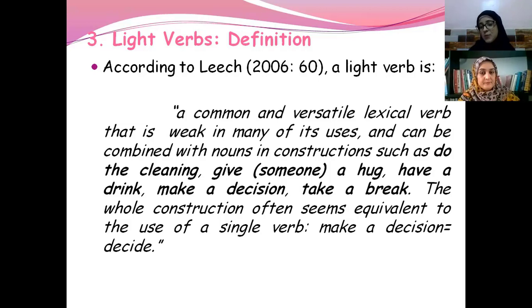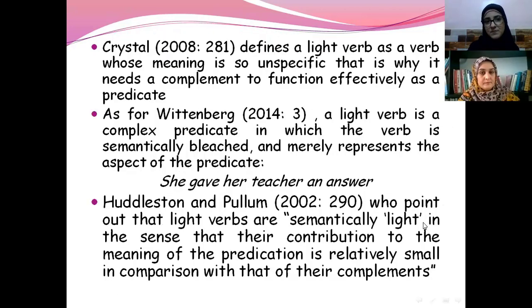That is to say, when we say make a decision, it means to decide, which is the equivalent lexical verb. As for Crystal, he defines a light verb as a verb whose meaning is so unspecific that it needs a complement to function effectively as a predicate.